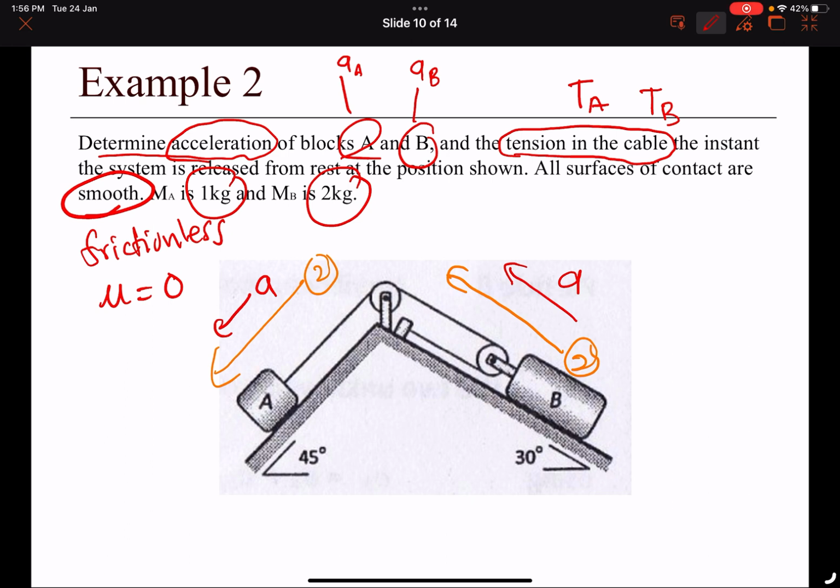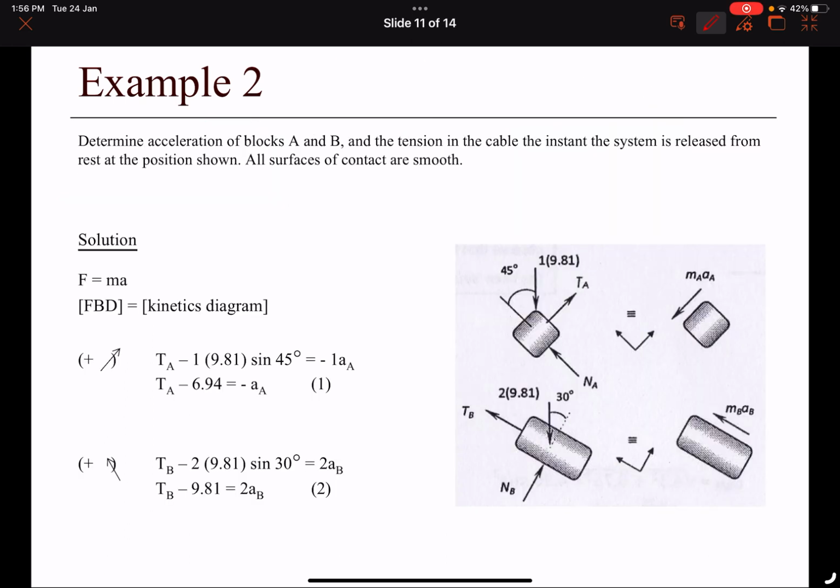Alright, so go back to the FBD. Let's say I put it this way. This one is the first FBD, the second FBD, and this is the direction for acceleration.